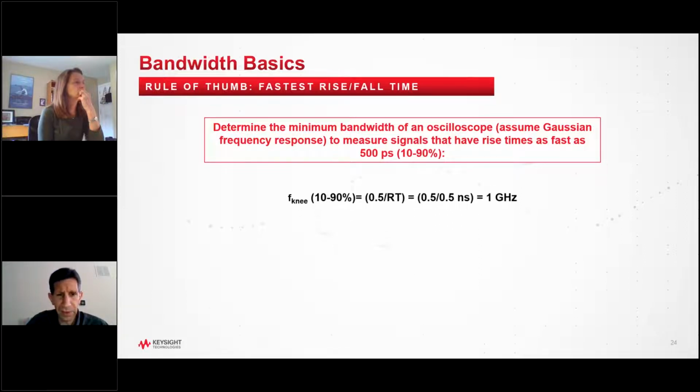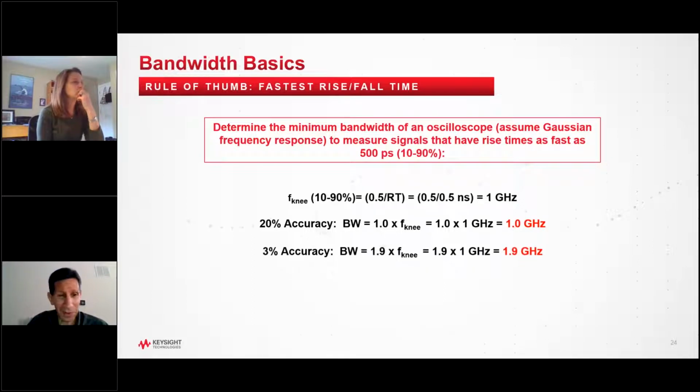Using our friendly formula here, our highest signal frequency content is a gigahertz. If you're okay with 20% accuracy, which most people are not, then you can buy a 1 gigahertz oscilloscope. But if you want to go down to the 3% range that most people want, you see that requires almost double the oscilloscope bandwidth.